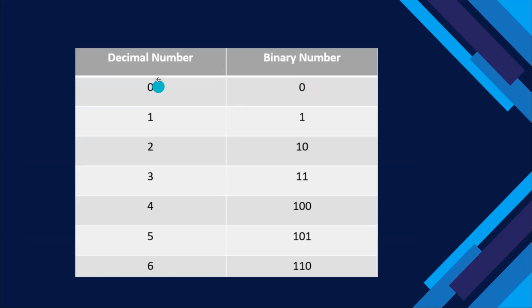And the 1 in the decimal number system is actually equal to the 1 in the binary number system. So here these 0s and these 1s are equal, right? But when you have 2, there is a slightly different version of it in binary. 2 is not equal to 2, it's equal to 1, 0.